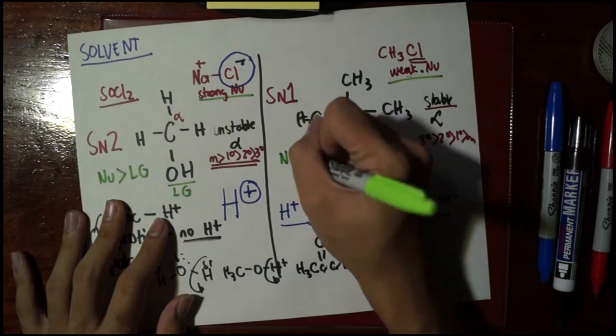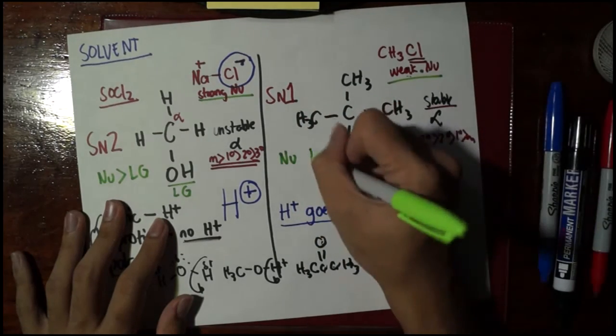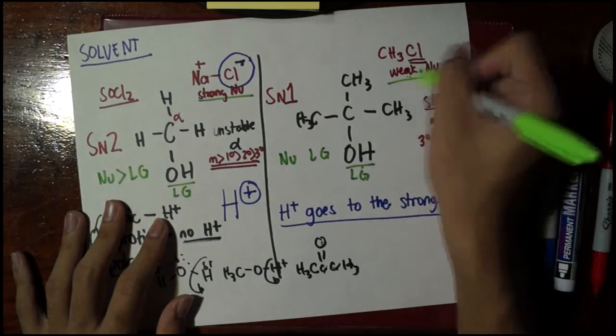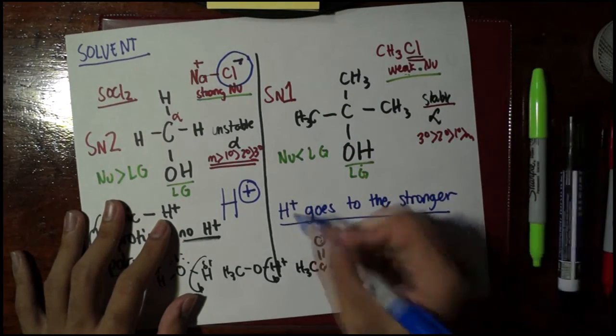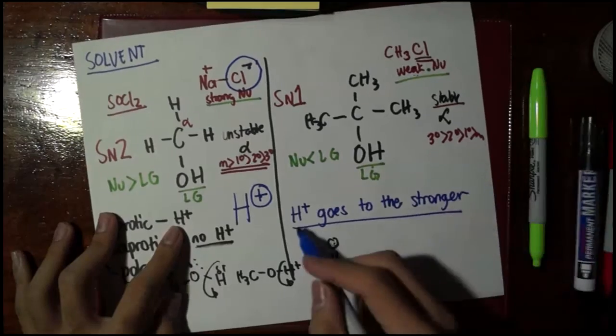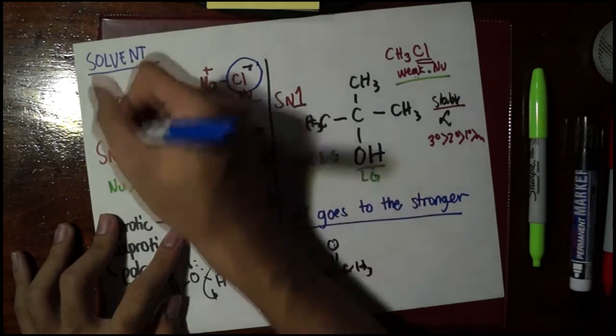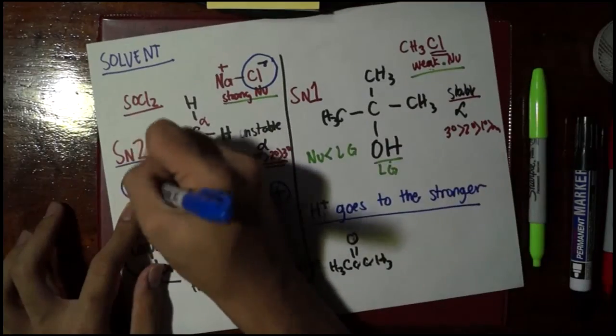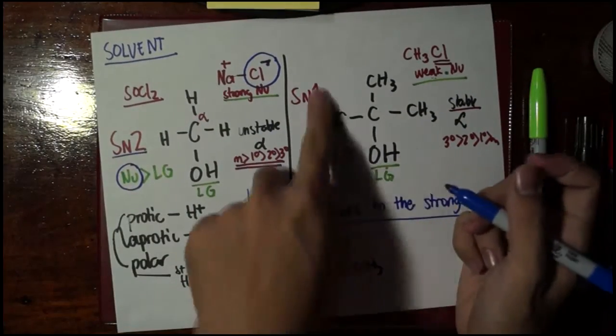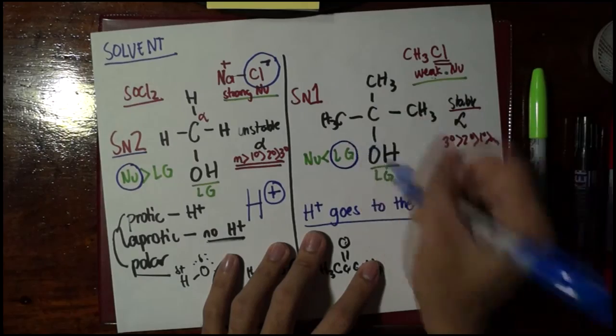So if we compare the nucleophile and the leaving group, the nucleophile should be weaker than the leaving group. So what do we have here? H goes to the stronger. What happens when H goes to the stronger in SN2? It will go to this one because this is stronger. Then the other way around in SN1, it will approach the leaving group.